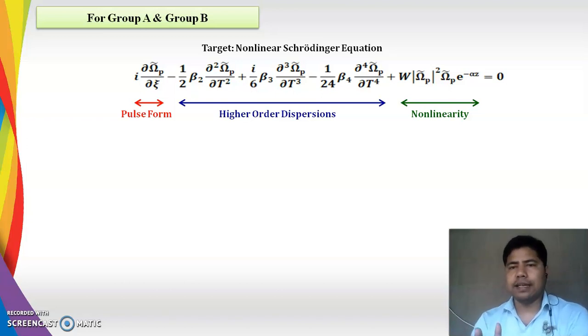Here, there are two targets. One is for Group A: we need to discuss how the soliton will be generated and propagated. And second, Group B: we will discuss how this nonlinearity induces self-phase modulation in the nonlinear medium.